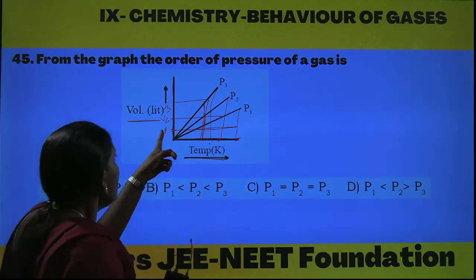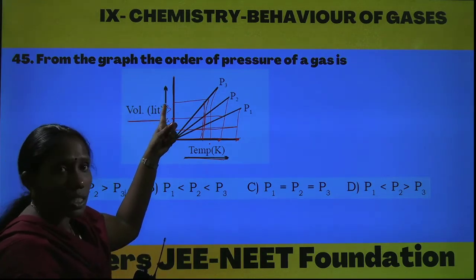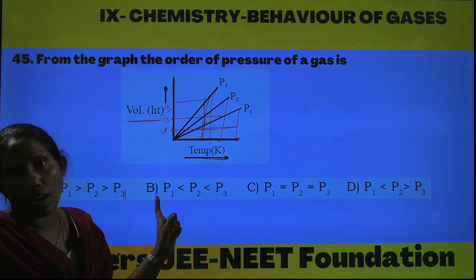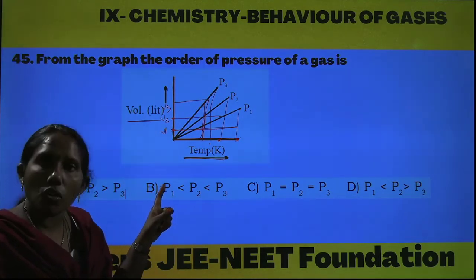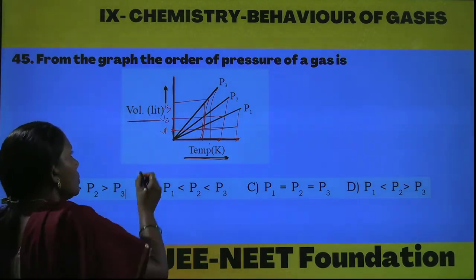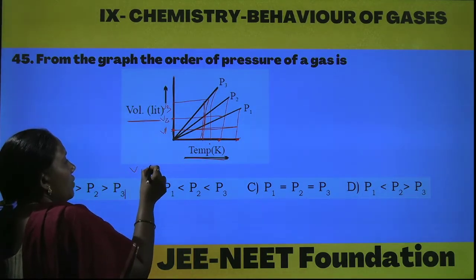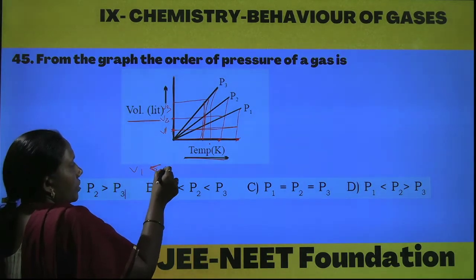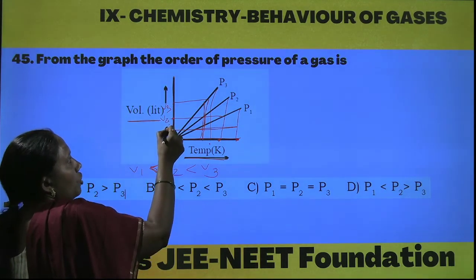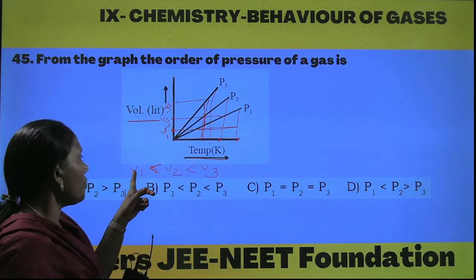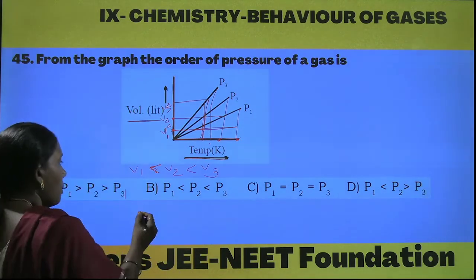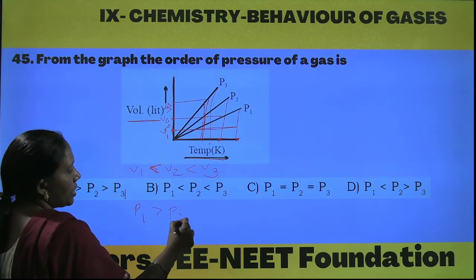That is nothing but V1 is less than V2 is less than V3. Absolutely it is the graph which belongs to Boyle's law. Temperature we kept constant, then pressure is inversely proportional to volume. Suppose V1 is 1, V2 will be 2, V3 will be 3. So obviously pressure will be different, means P1 is greater than P2 is greater than P3.